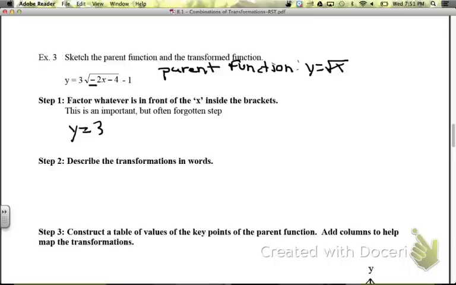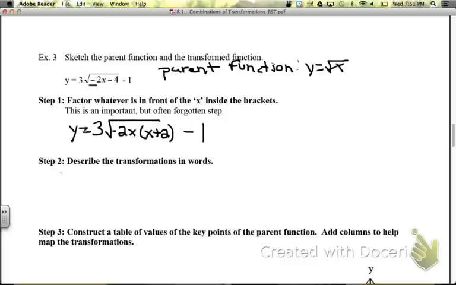So we have y = 3√(-2(x + 2)) - 1. We do that so that we can actually see what the transformations are exactly.